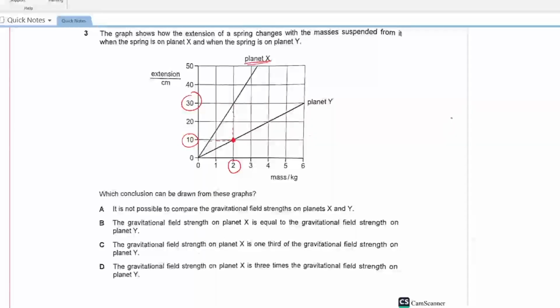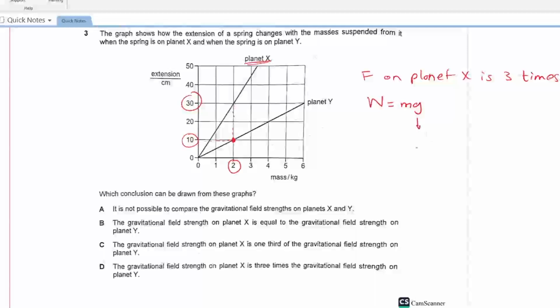How is this possible? This can only be possible if the force on planet X is 3 times. Now, how can the force on planet X be 3 times? It is only possible in one way. Weight is equal to mg.